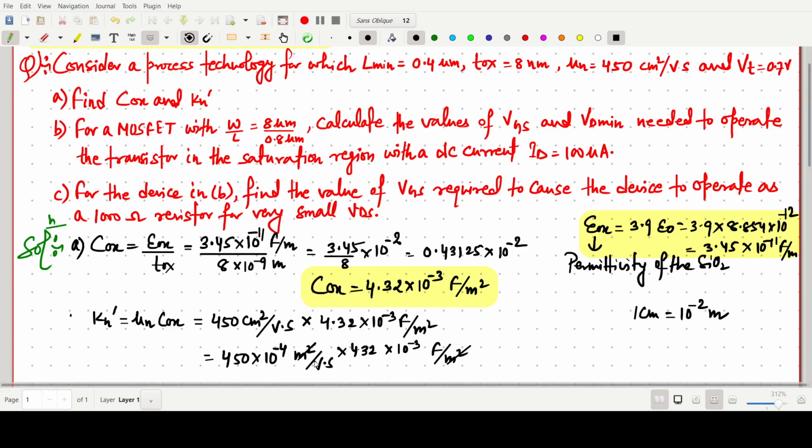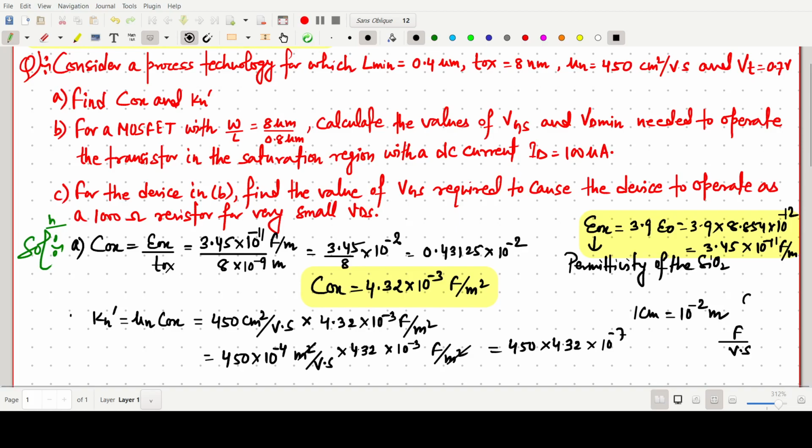The meter square cancels out. Now one can write 450 into 4.32 into 10 to the power minus 7, and the unit is farad per volt second.